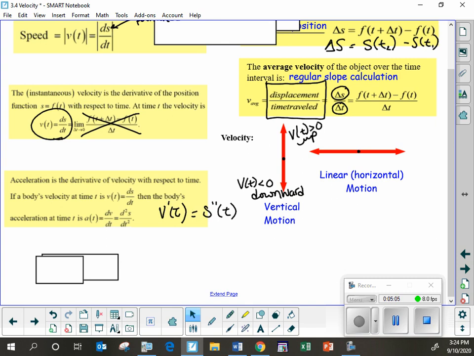In a linear or a horizontal motion style, v of t being greater than 0 means it's moving to the right. And if v of t is less than 0, I know my object is moving left. I think most of us are pretty clear on that.